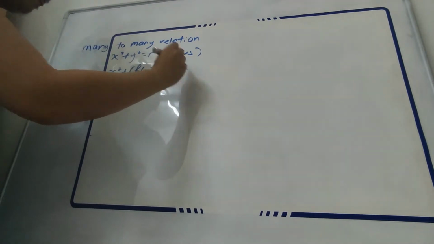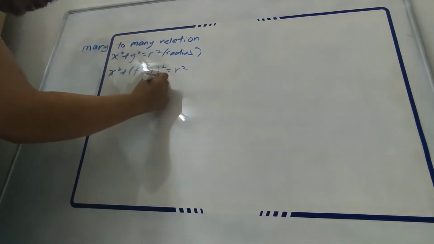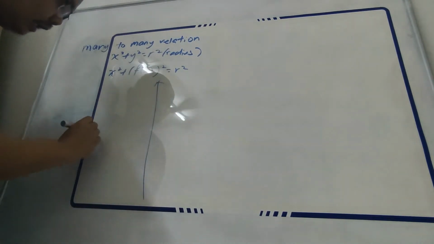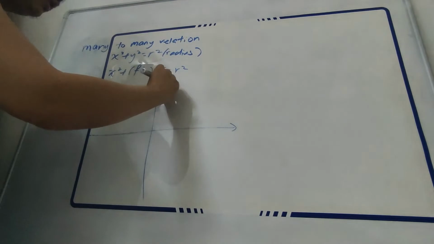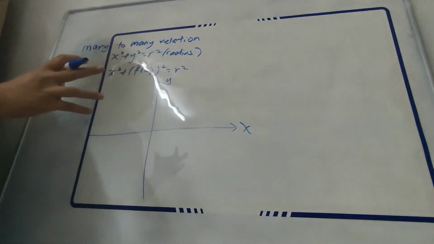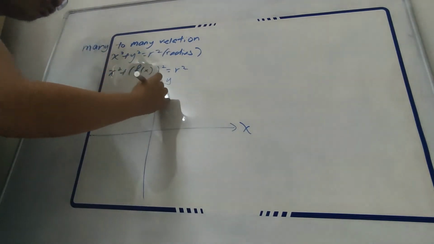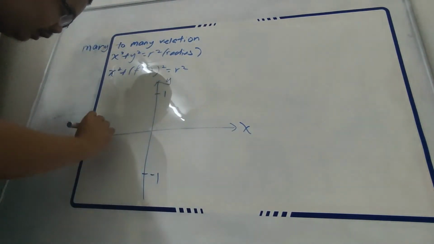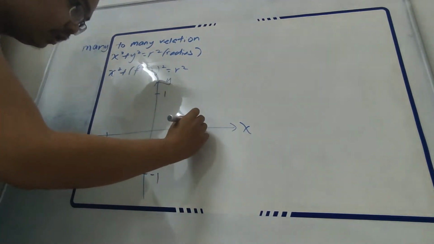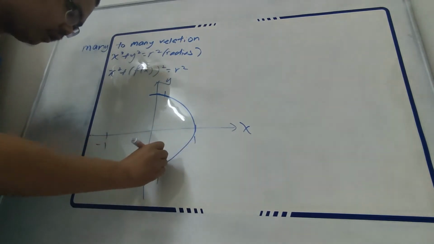Then the diagram of this equation: let's say this is the y-axis, this is the x-axis. Let's say you have a circle with radius 1 cm. So you have 1 here, minus 1 here, minus 1 here, 1 here. So of course you link it together.